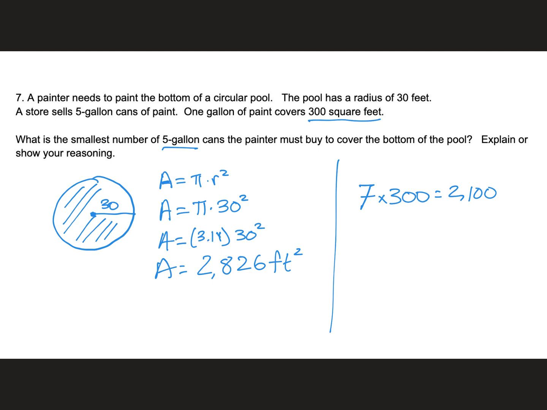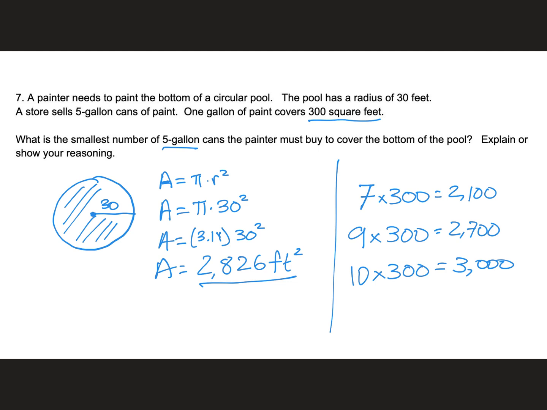I need to buy more. 9 times 300 is 2,700 square feet, which is still smaller than this. And if I buy 10 gallons of paint, I would get 3,000 square feet of paint. And this is more than this one. So I need to buy 10 cans of paint.